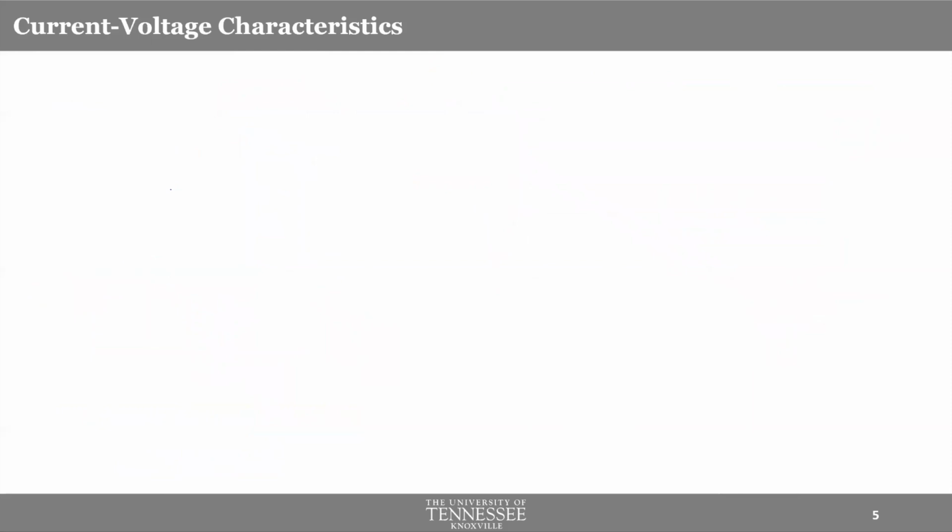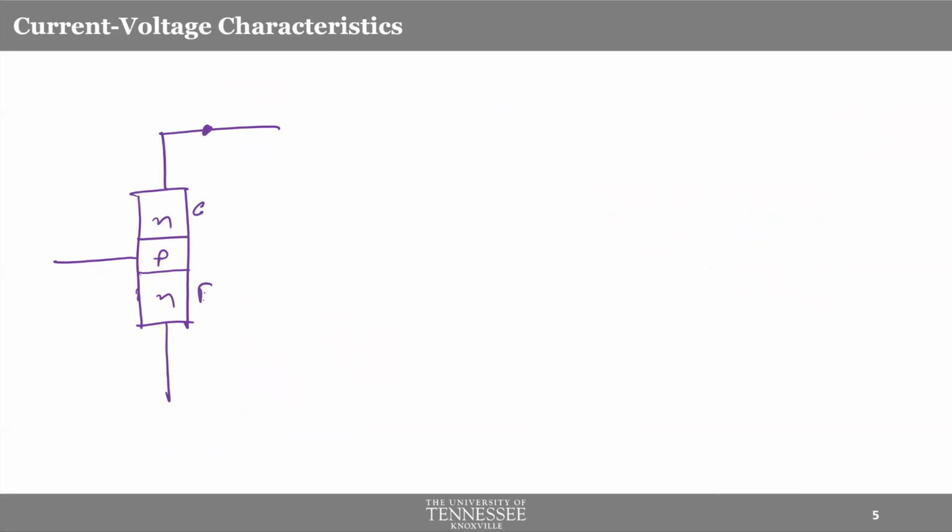So I will do the exact same thing. I will again draw this so that I could draw over it. N, P, N. This is emitter, base, collector. For the time being, I'll not even draw the resistors and batteries separately. Just for simplicity, this is collector, emitter, base, right?